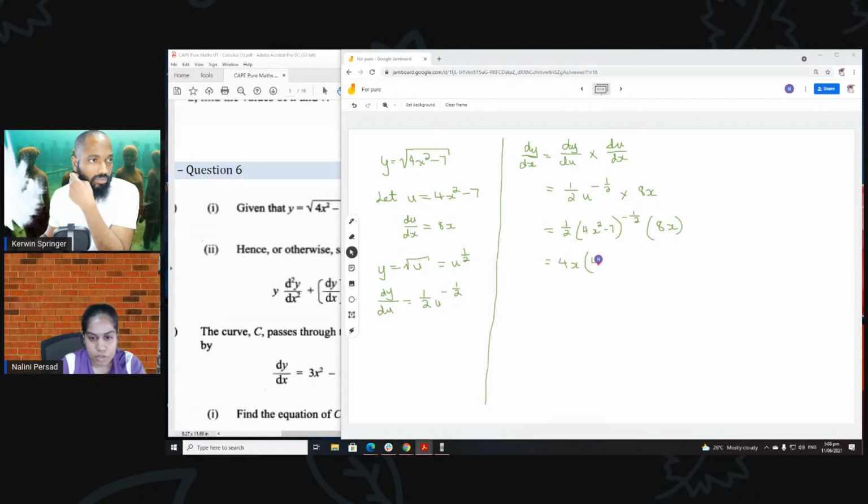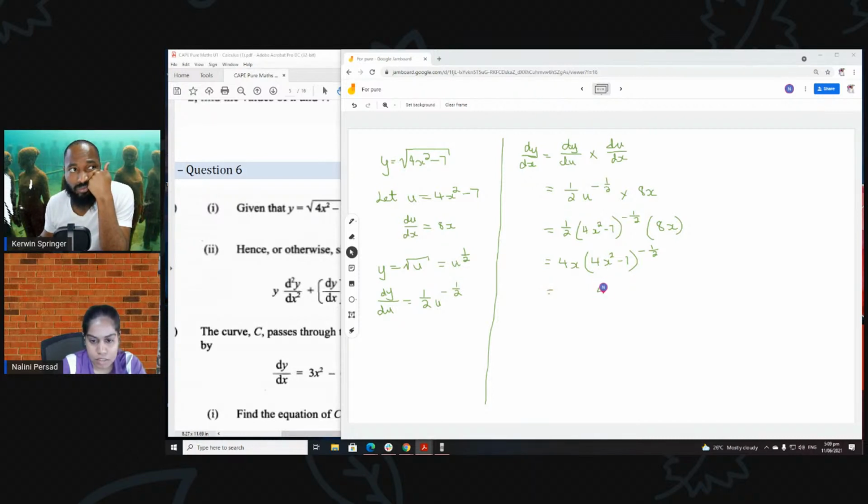Multiply by 4x squared minus 7 to the power negative a half. Now, when you have a negative in the power, you can divide by it. So you have 4x divided by the root of 4x squared minus 7.